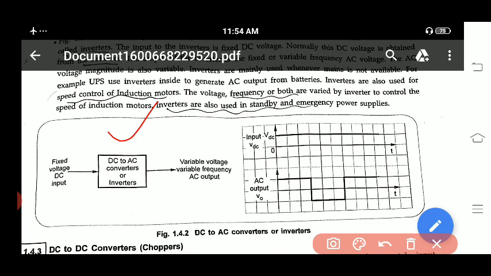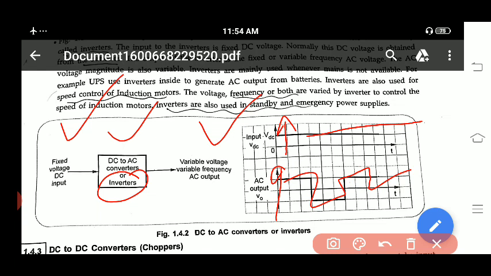It is the DC to AC converter. You can call this an inverter also. It has a fixed voltage DC input and variable voltage, variable frequency AC output. Here you can observe the input voltage VDC is fixed, and the output AC voltage will be fluctuating.